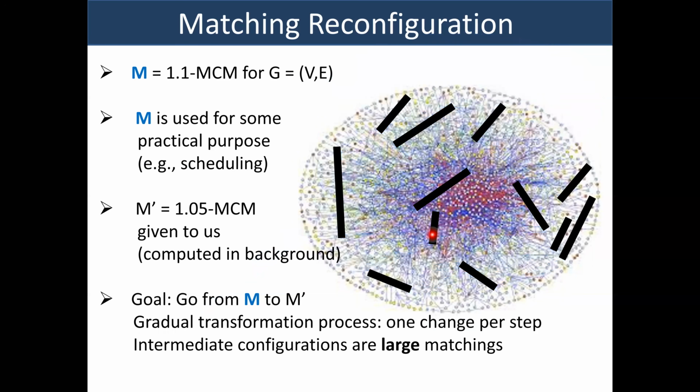Okay, so what we would like to do is just abandon all the blue edges and move instantaneously to the black edges and then designate them as the blue edges, so to speak, so that now they are the ones to give the service. But this is not what's going to happen, right?